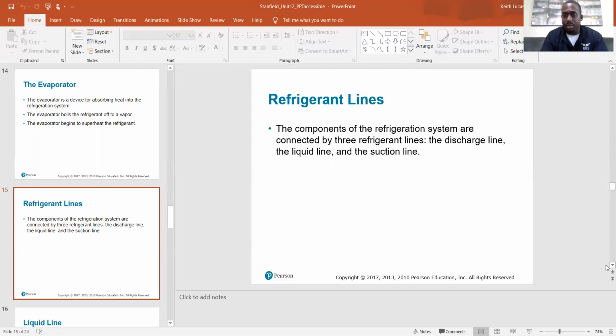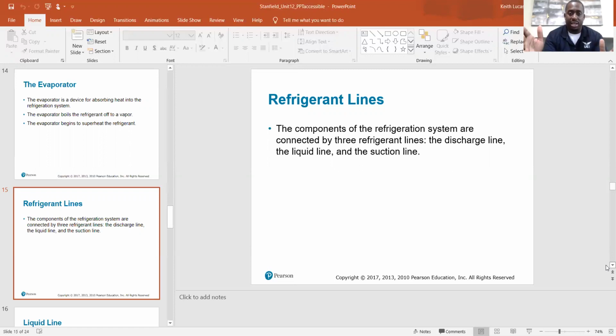They always talk about the discharge line, which is coming straight from the compressor going into the condenser. Then you got the liquid line, which is coming straight from the condenser going into the metering device. And then you have the transphase line that's going straight from the outlet of the metering device to the evap coil.